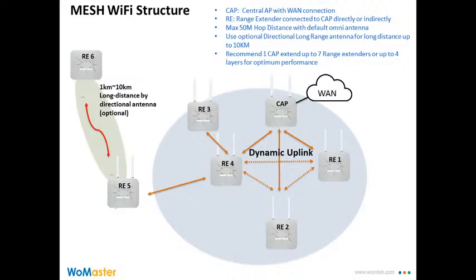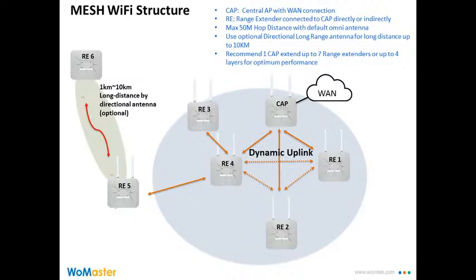Here is the mesh Wi-Fi structure built out by the WA512GM series. There are 2 parts in this topology. On the right-hand side, there is the mesh network. There are 5 mesh devices with the omni antenna in it. The maximum distance is around 50 meters. And there is a CAP to connect to the WAN.